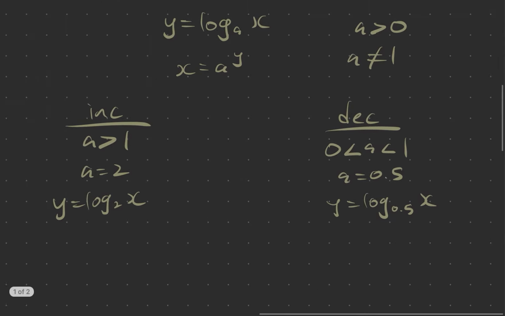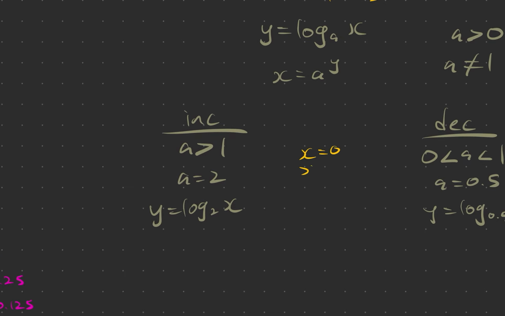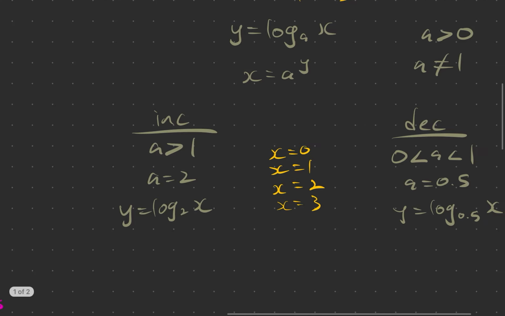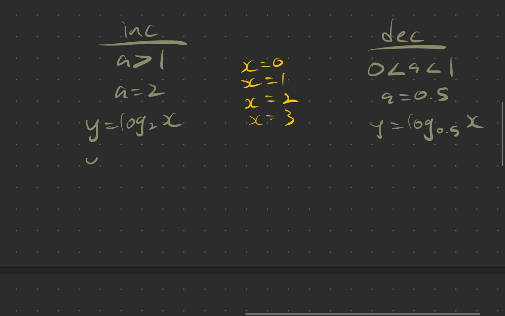Alright, then we're going to substitute in the same values as just now. So we're going to substitute x equals 0, x equals 1, x equals 2 and x equals 3. These are just examples. So what we'll end up getting is y equals log base 2 of 0, which will give us... Hold on, I'm a little bit rusty over the holidays. Haven't been revising my stuff.